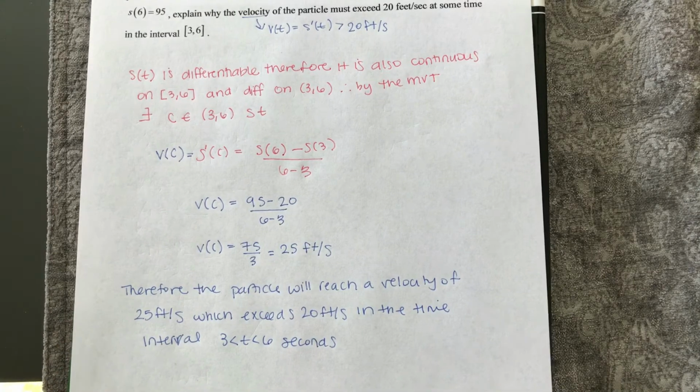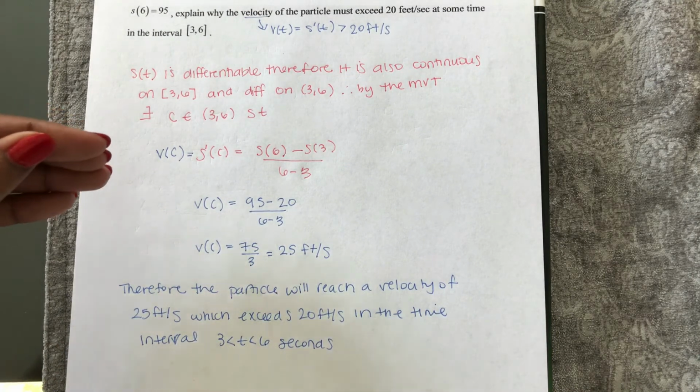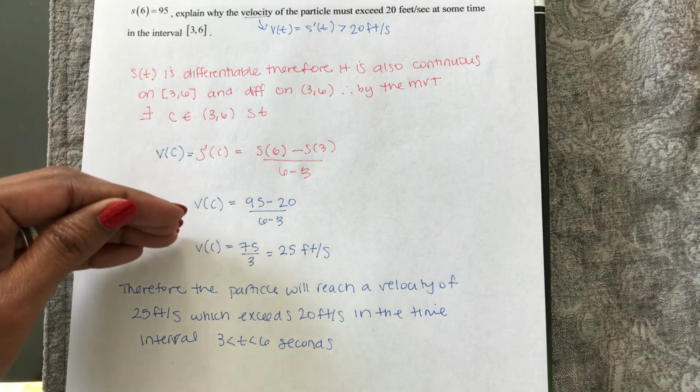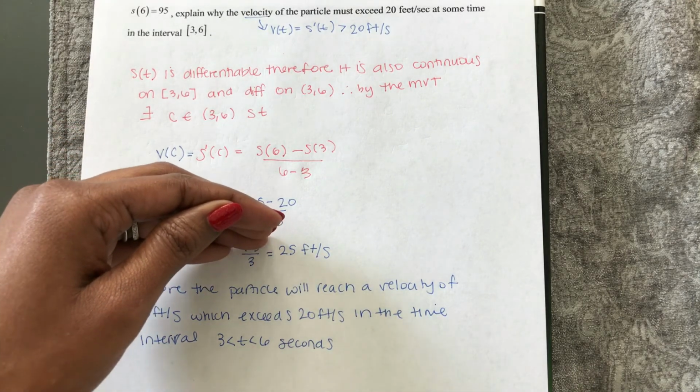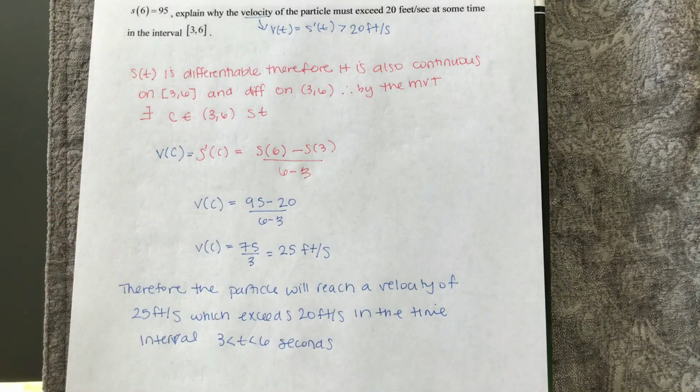So we used the mean value theorem to show that this particle was going to reach a velocity of 25 feet per second, which is greater than 20 feet per second. So we've proved what we wanted to show here.